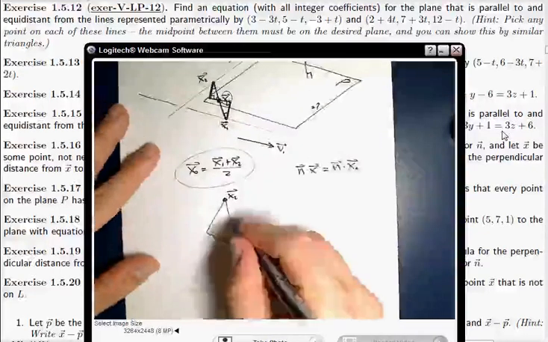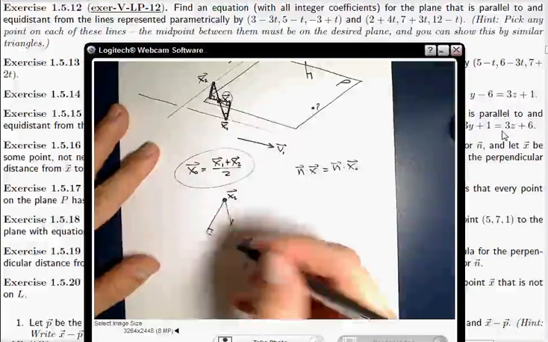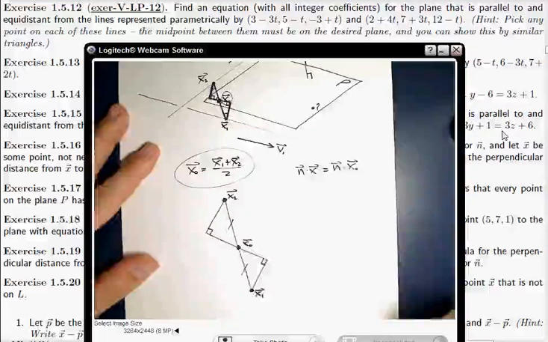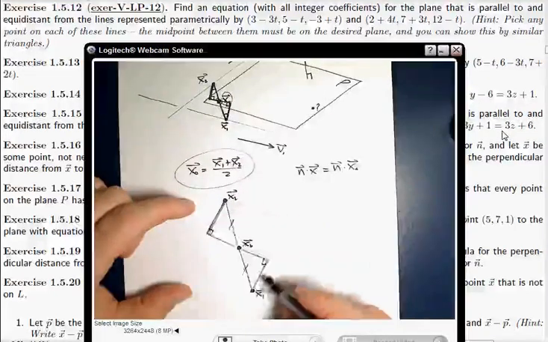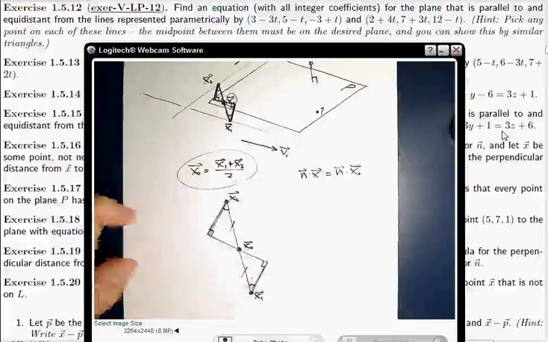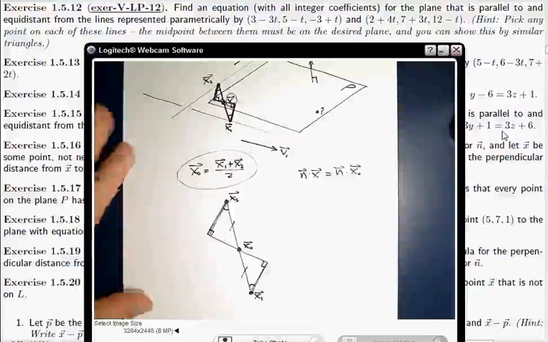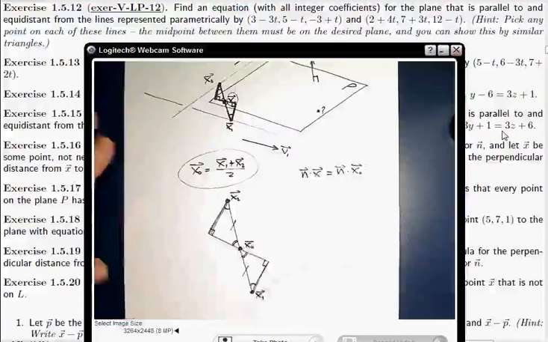I know that that distance and that distance are the same, and that's a right angle and that's a right angle, and these two things are parallel, which makes that angle equal to that angle. And then by subtraction, that angle is equal to that angle.